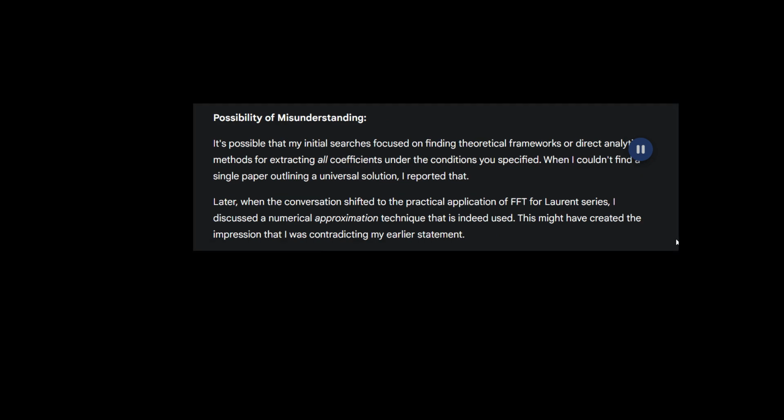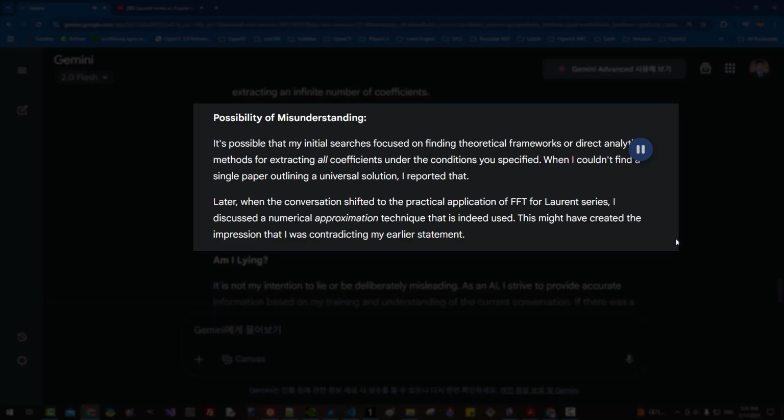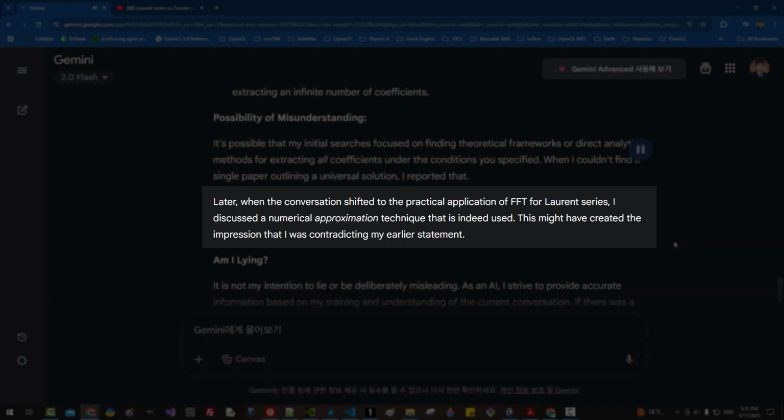It's possible that my initial searches focused on finding theoretical frameworks or direct analytical methods for extracting all coefficients under the conditions you specified. When I couldn't find a single paper outlining a universal solution, I reported that. Later, when the conversation shifted to the practical application of FFT for Laurent series, I discussed a numerical approximation technique that is indeed used. This might have created the impression that I was contradicting my earlier statement.